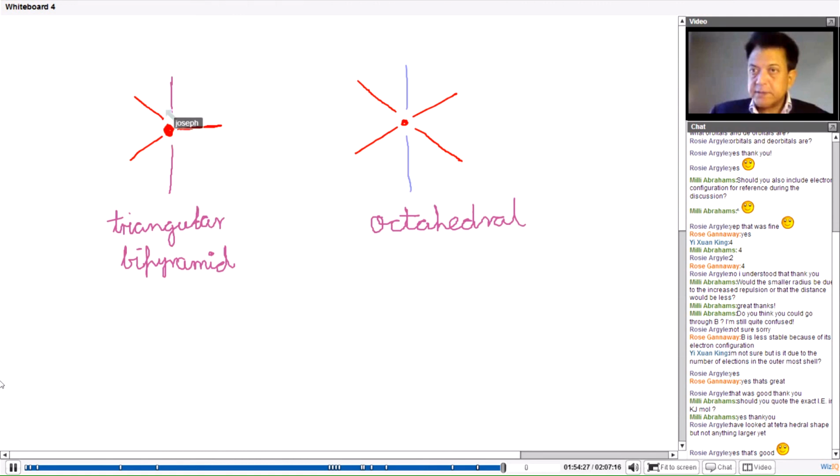But if it's in the equatorial plane, what will happen? It will be at 90 degrees to 2 of them, not 3 but 2, and the other ones are at a 120 degree angle to it. And it will squash them closer than 120. So when you have one electron pair, the best arrangement is for it to be on the equatorial plane.